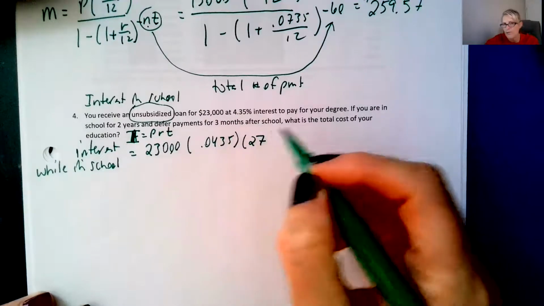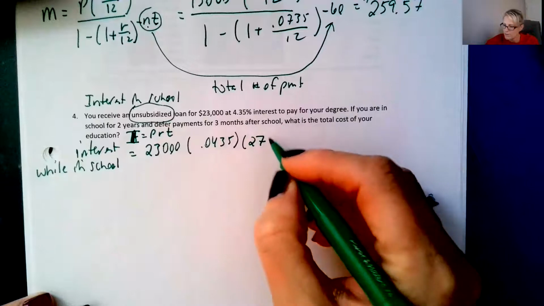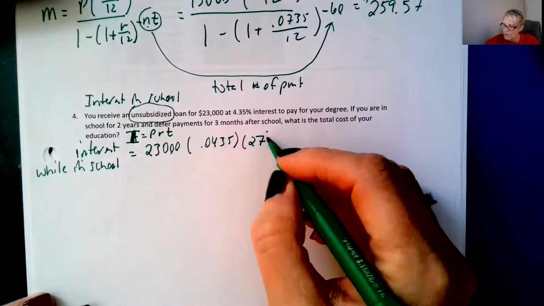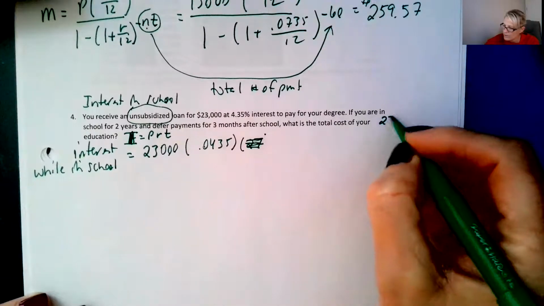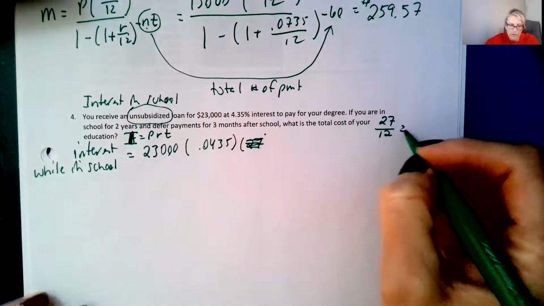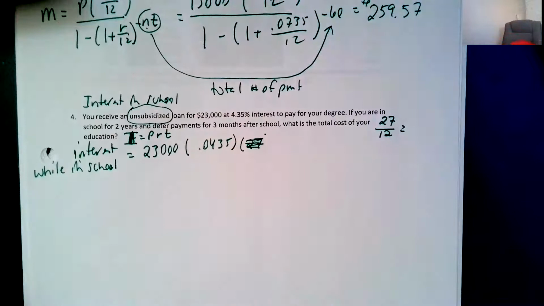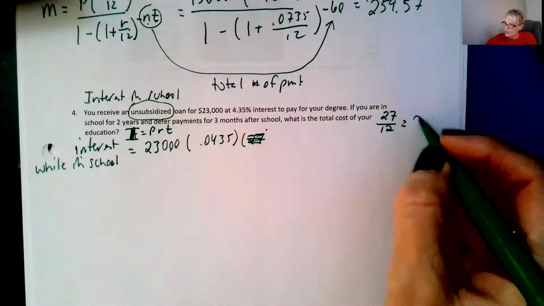Usually it's deferred for 6 months, but this says 3 months. This has to be in years, so 27 divided by 12 is the number of years: 2.25 years.